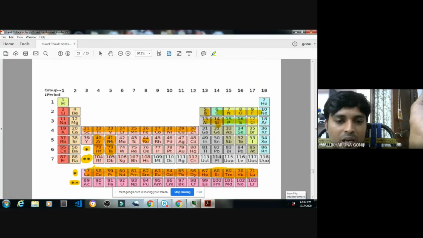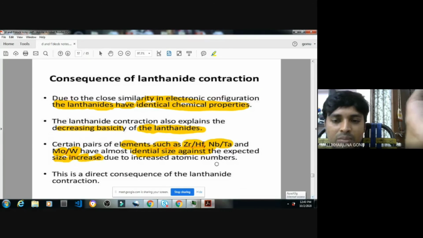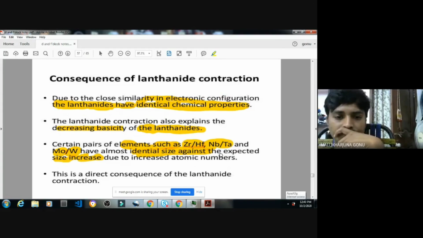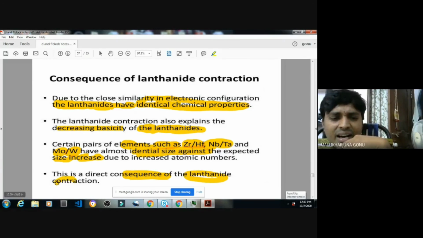So you have to remember always these element names: zirconium and hafnium, niobium and tantalum, and molybdenum and tungsten. Despite the increase in atomic number, this is a direct consequence of the lanthanide contraction. It is a most important topic, so whatever it is, try to correlate with the lanthanide contraction.